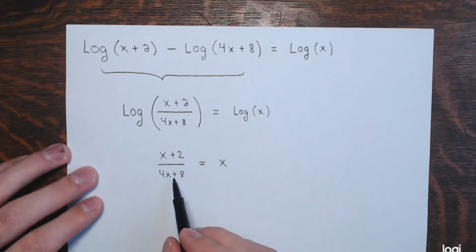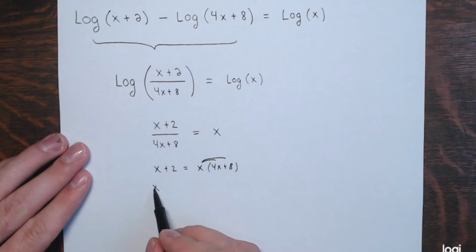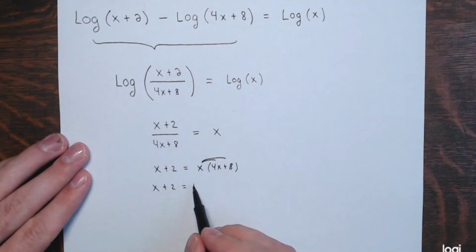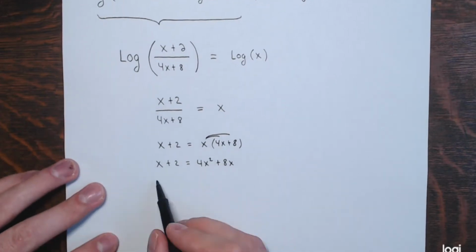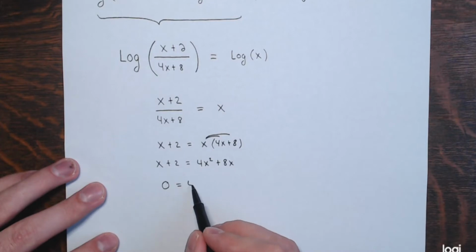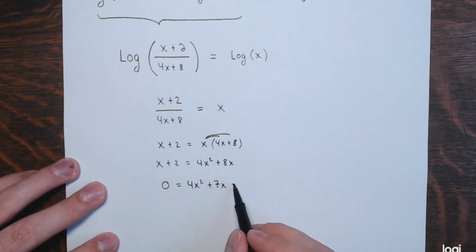And then I multiply by 4x plus 8. We get x plus 2 equals x times 4x plus 8. Then distributing this x here, we have x plus 2 equals 4x squared plus 8x, and then taking everything to one side, we'd have 0 equals 4x squared plus 7x, right, plus 7x, and then minus 2.